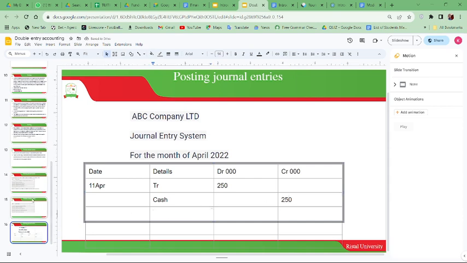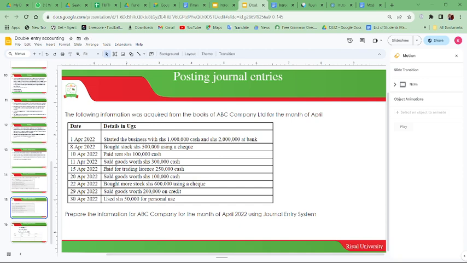When you come back to our question, we have paid for trading license. So in your description, you write paid for trading license using cash. Then we go to the 20th. Sold goods worth cash. The stock is losing, it is decreasing. You sold the goods and you received cash, so cash is gaining.